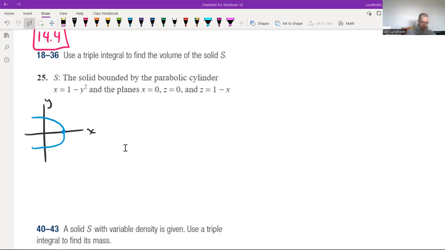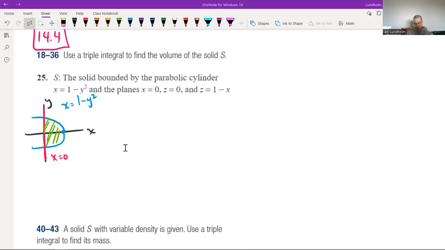What else we got? x is equal to 0. Well, x equals 0 is just the y-axis. So we've got a region enclosed there, and that's part of the integration that we're doing.